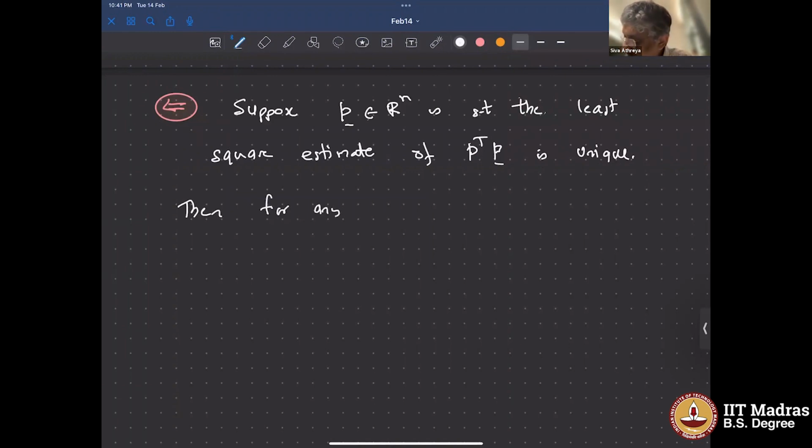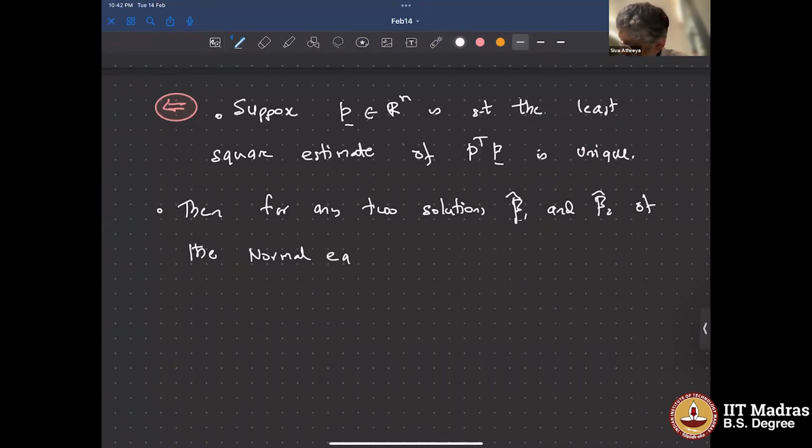That means for any two solutions of the normal equations, let's say beta 1 hat and beta 2 hat, we know that P transpose beta 1 hat is the same as P transpose beta 2 hat. And that's what it means by unique.